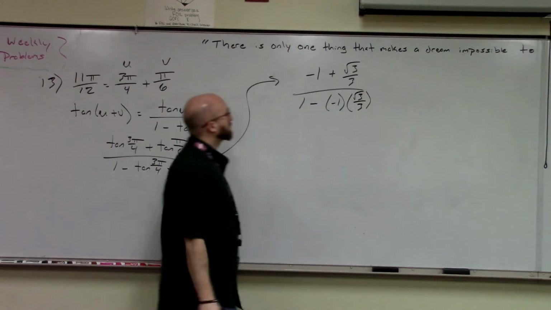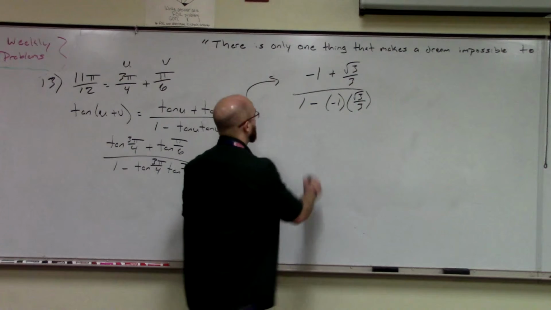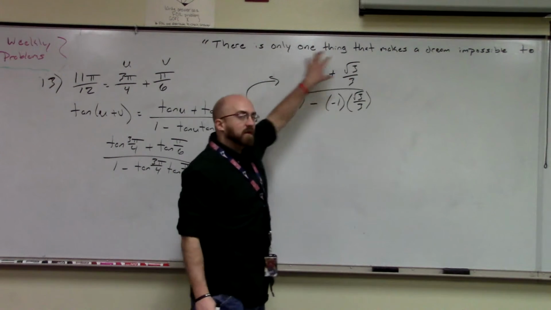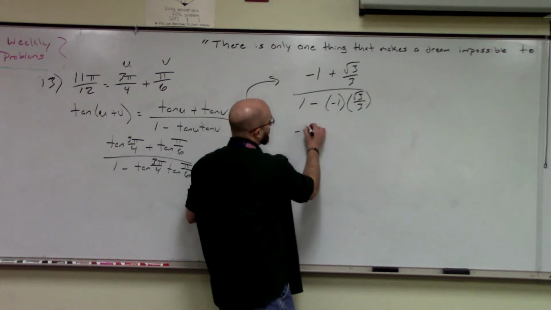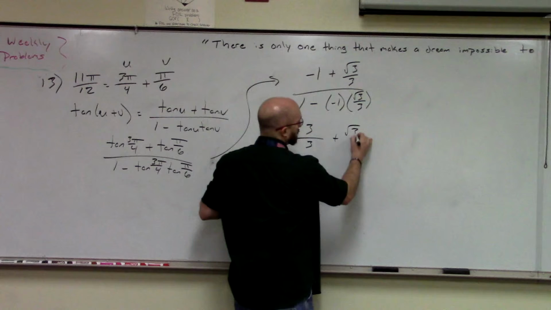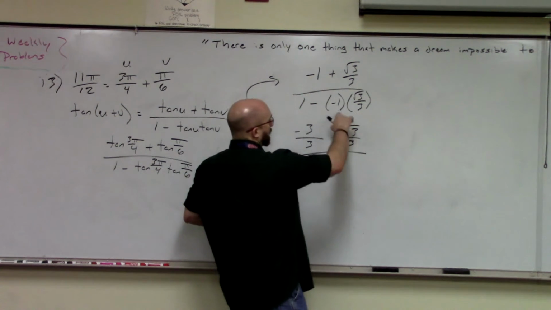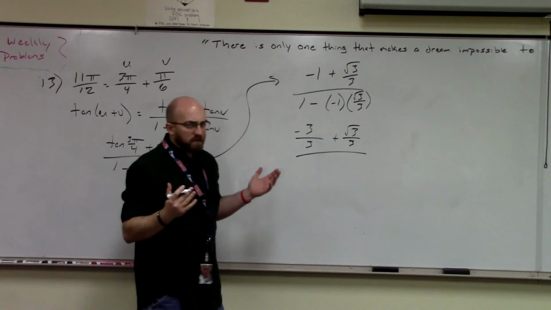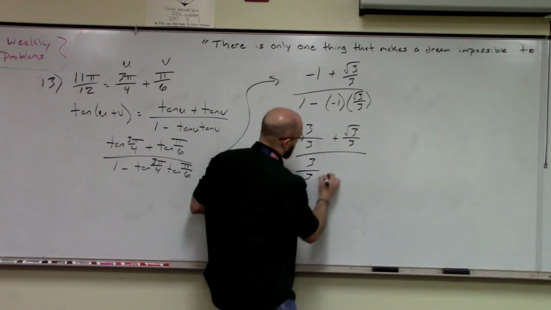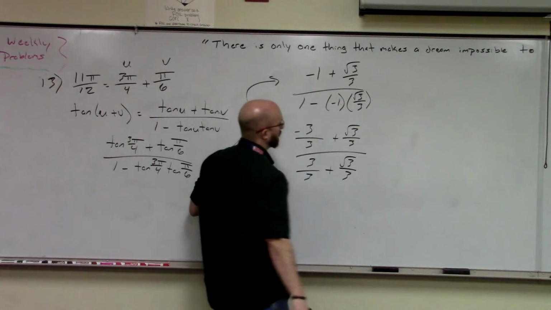This is where students get confused. Don't just add those. Make sure you multiply those out. So we get -1. And actually, I'm going to go ahead and skip a step. Make them the common denominator in the top. So that's going to be -3 over 3 plus square root of 3 over 3, all over, this turns into just positive square root of 3 over 3. So 3 over 3 plus square root of 3 over 3.